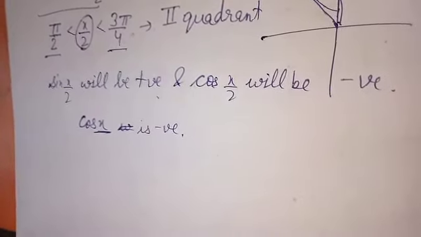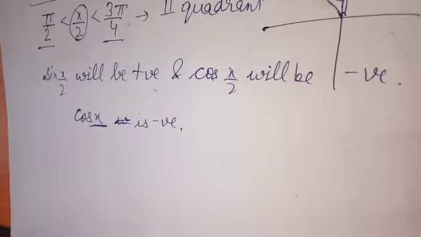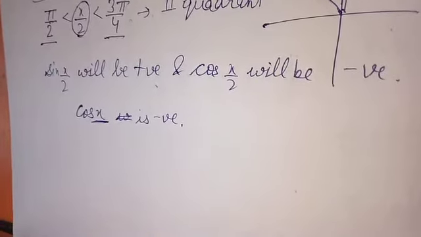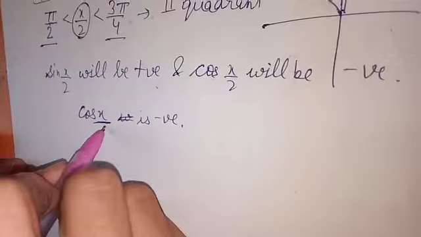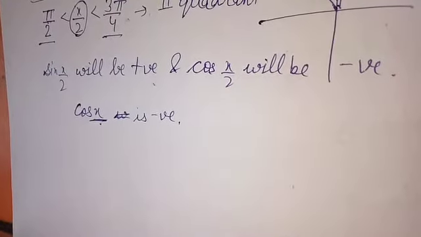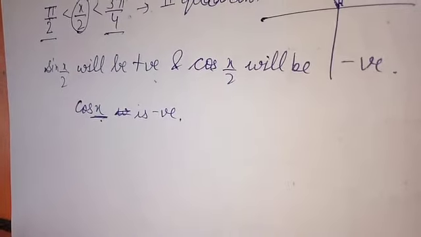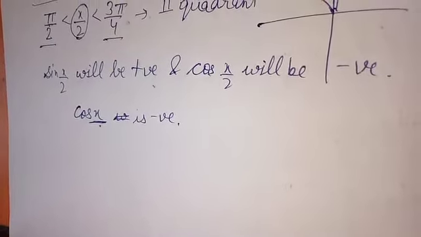Why are we talking about cos x? Because by using cos x, we will find the values of cos x by 2 and sin x by 2, and by using the values of sin x by 2 and cos x by 2, we will find the value of tangent x by 2.